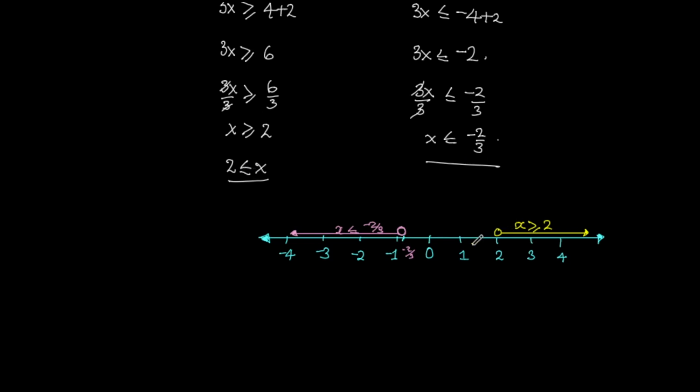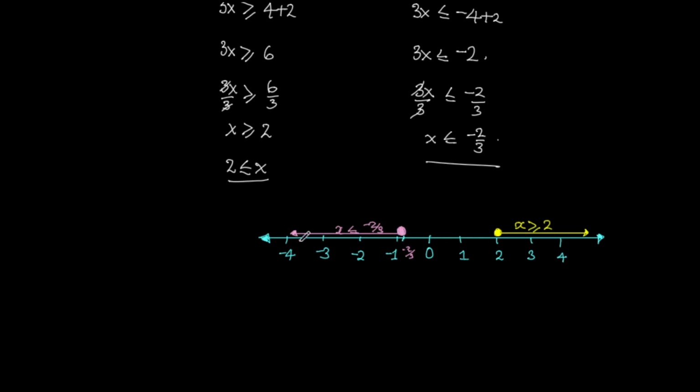Now before we move on, remember we have less than or equal to. So this means these circles are shaded, meaning the numbers are included. 2 is inclusive and negative 2 over 3 is also inclusive. So how do you represent the solution?